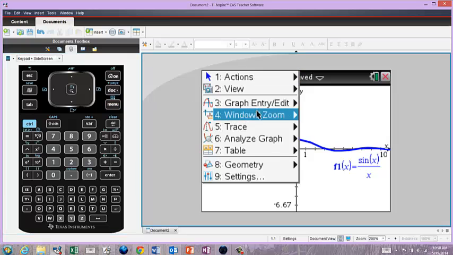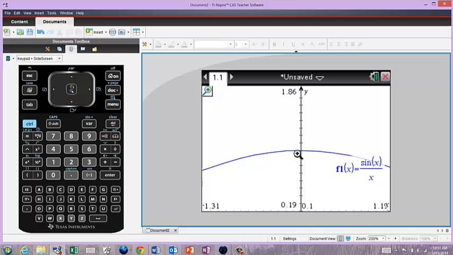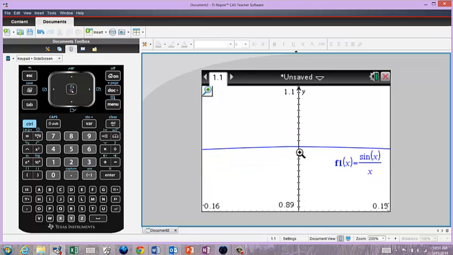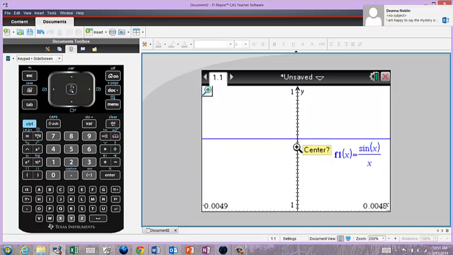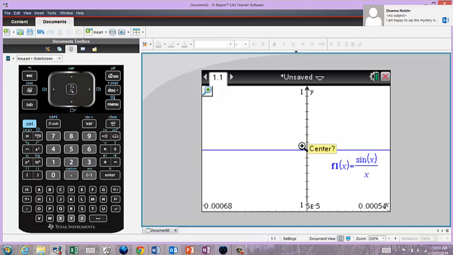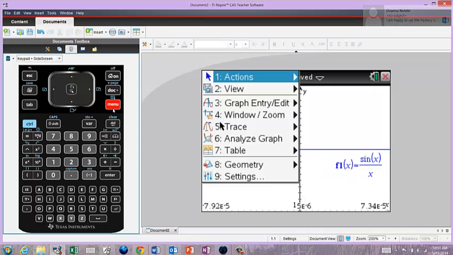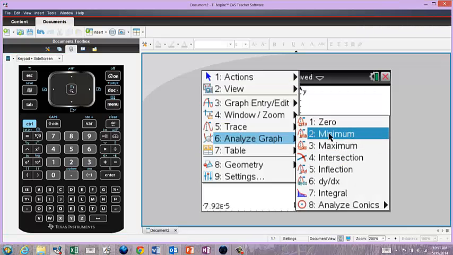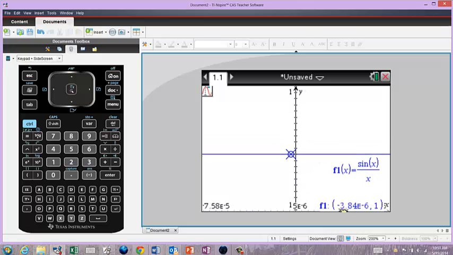Now we could zoom in. If I zoom in far enough, there's going to be a hole in my graph. But you can tell if I trace, and look at my trace points here.